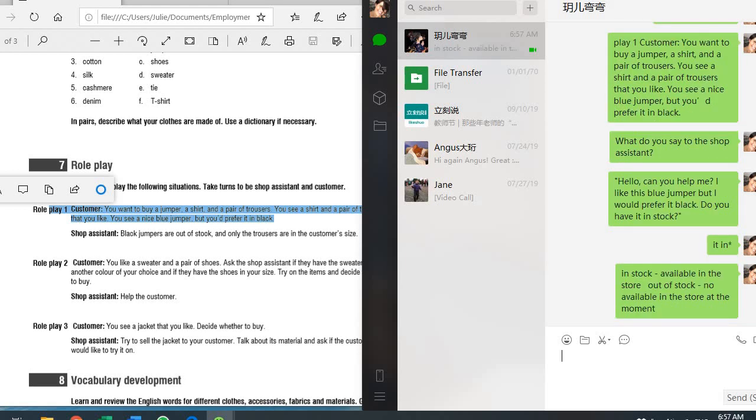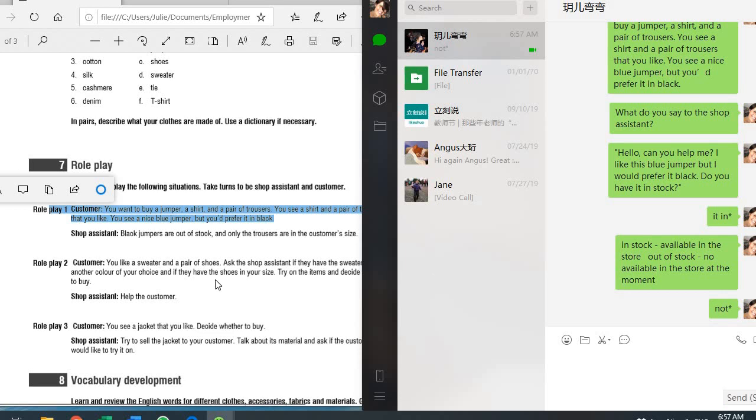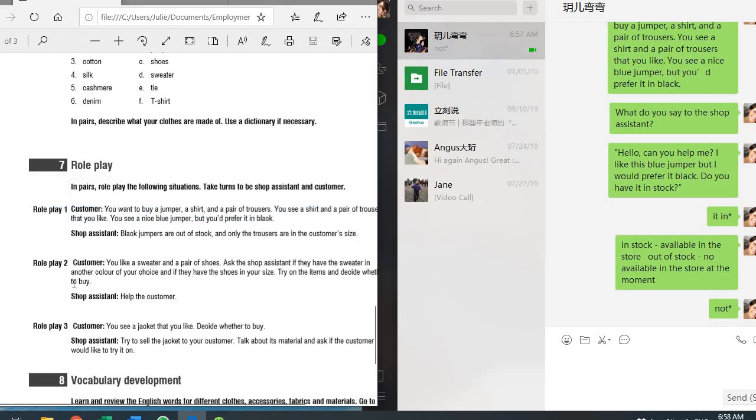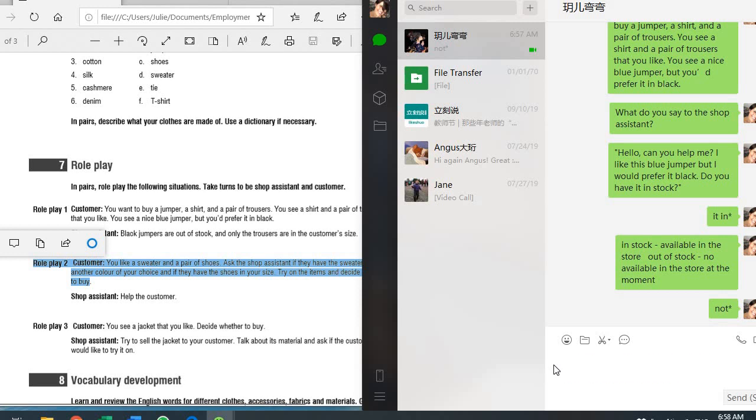Exactly. It's available in the store, and out of stock is when it's not available in the store. So if you ask someone in the shop, do you have this in stock? You're asking, is this available? Good.